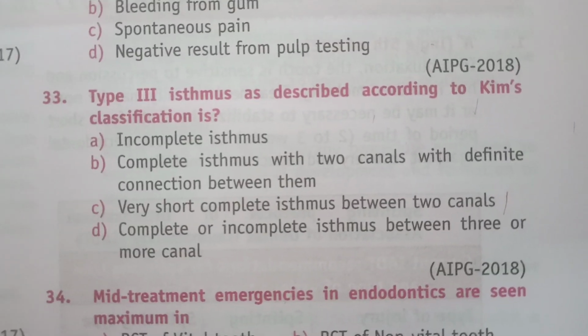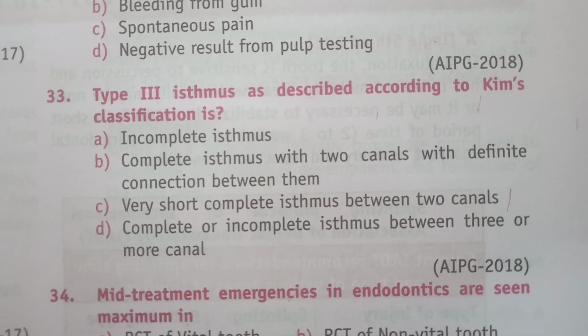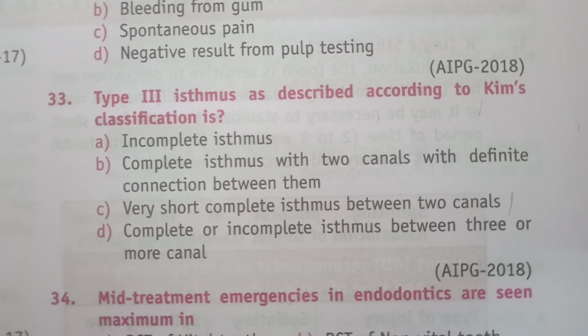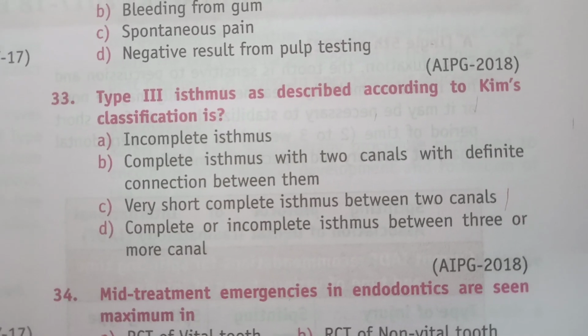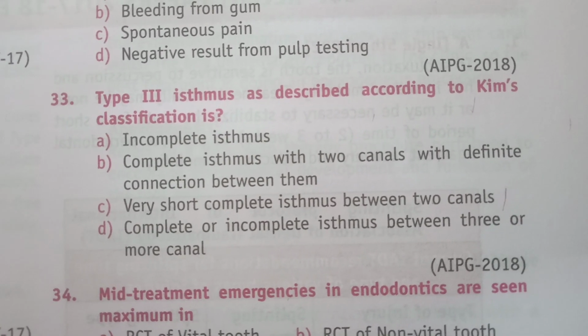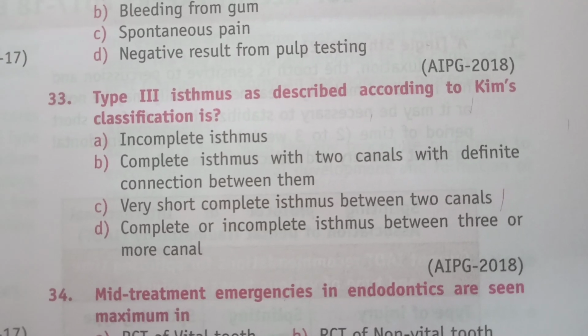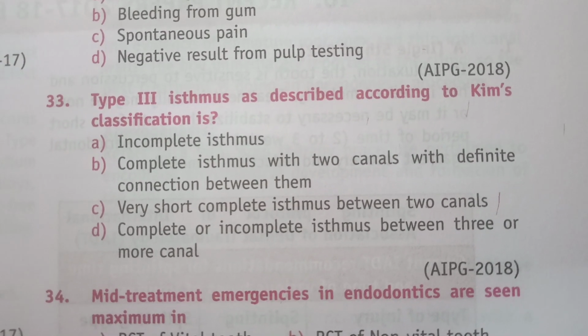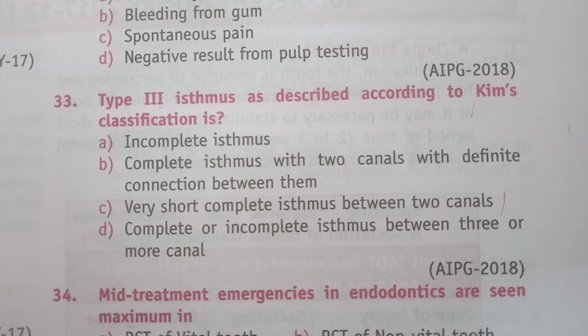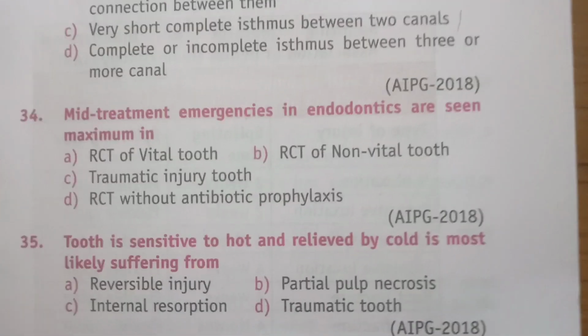Now question number 33. Type 3 isthmus as described according to Kim's classification is... Answer is C, very short complete isthmus between two canals. Next question.